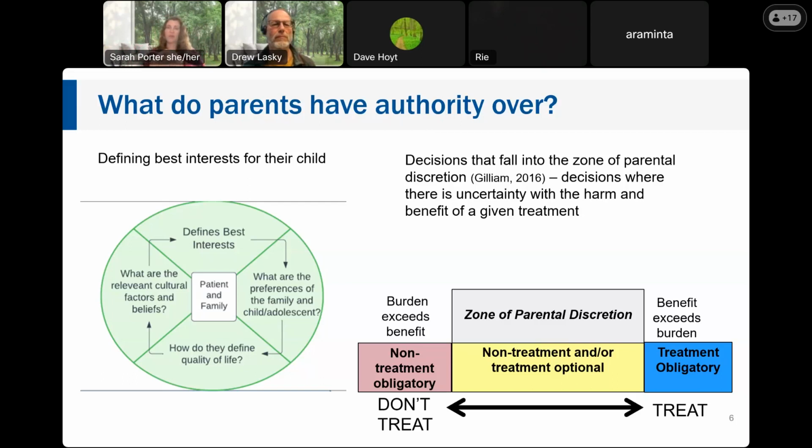So in this case, we'd be working to get parents on the same page, rather than spending our time deciding which parent we're going to let make the decision. They share custody, they split time. So really it's about coming to a cohesive place where everyone is on the same page together.